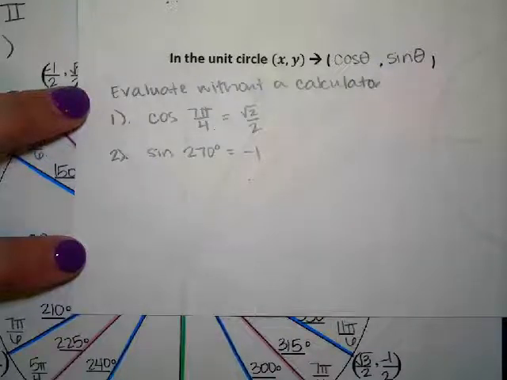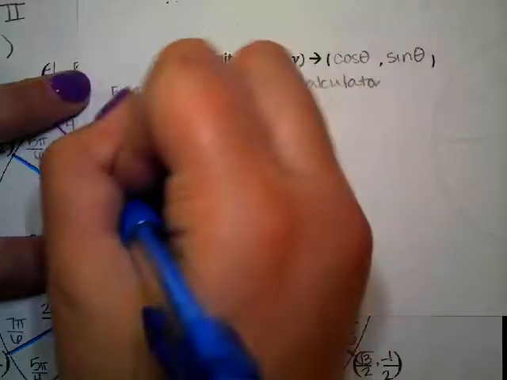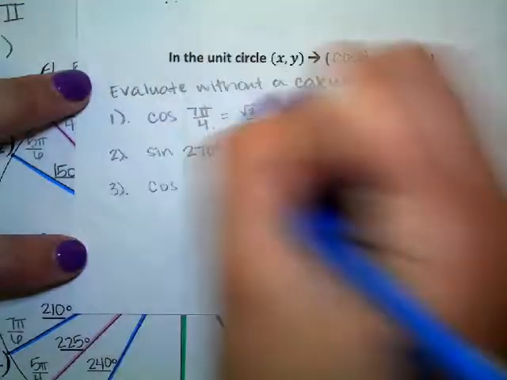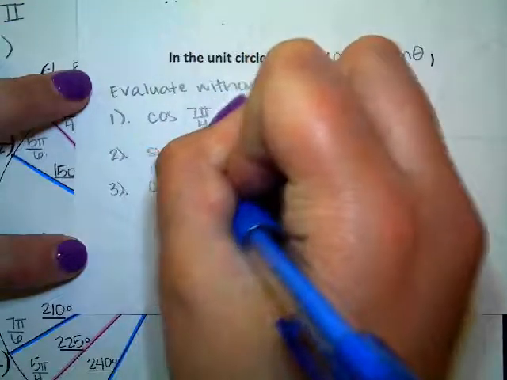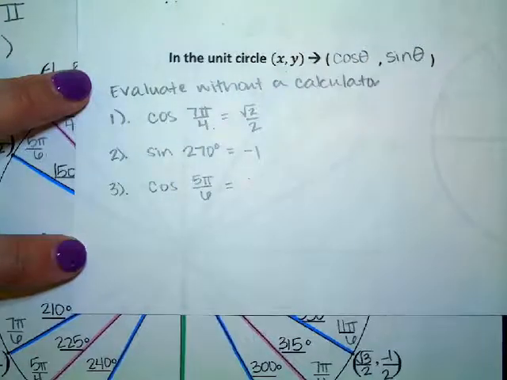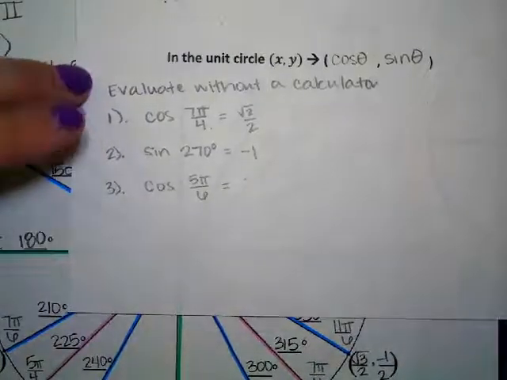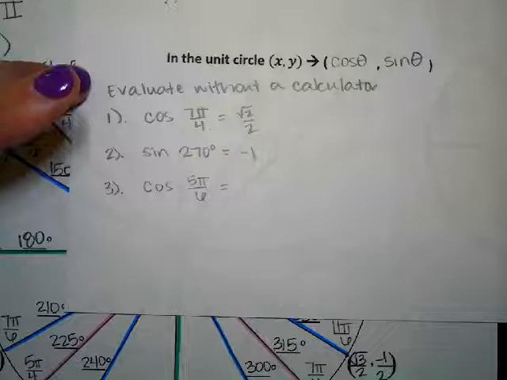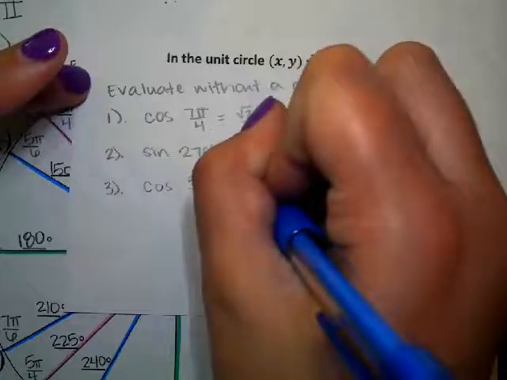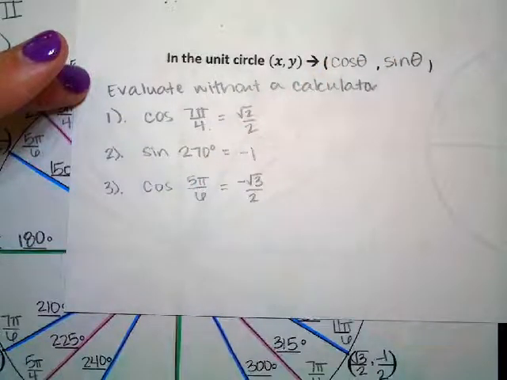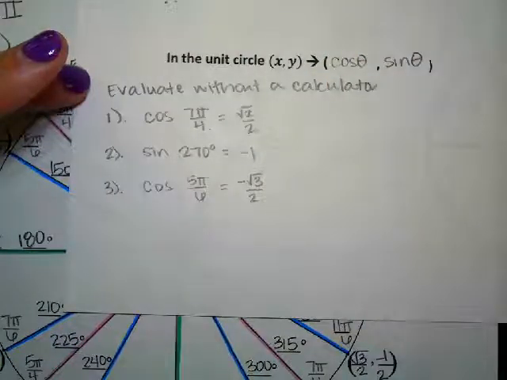All right. Next, we're going to do cos of 5pi/6. Cos of 5pi/6. Marvelous. Good. You're good. -√3 over 2. Okay.